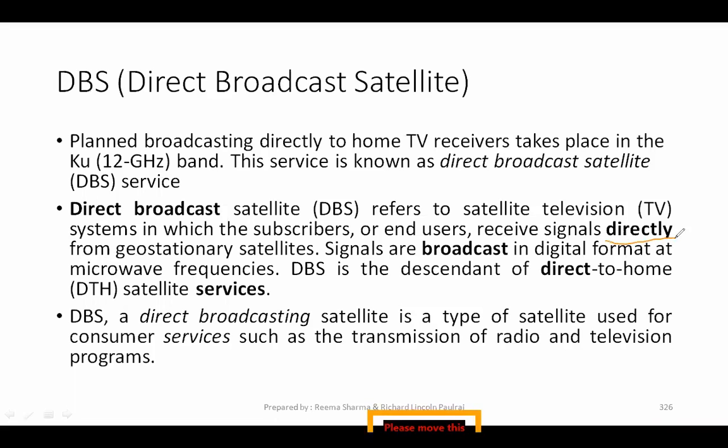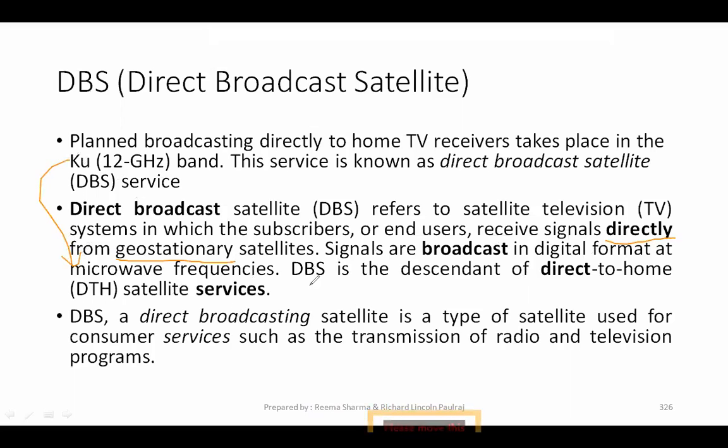There is no other medium of receiving the information, and these are received from what kind of satellites? From geostationary satellites. Okay, fine. Signals are broadcast in digital format at microwave frequencies. So all these that you find here are all microwave frequencies.